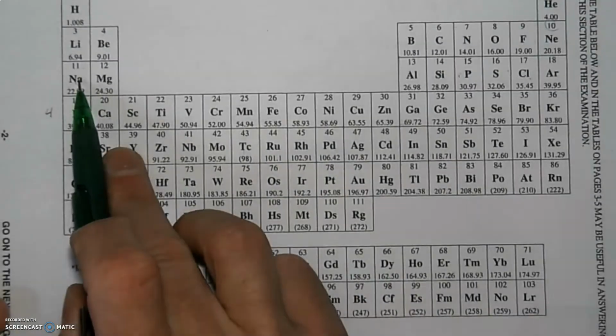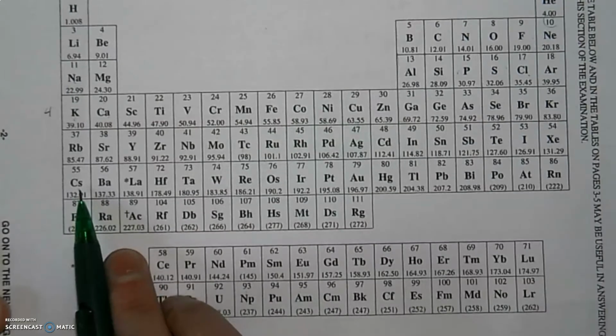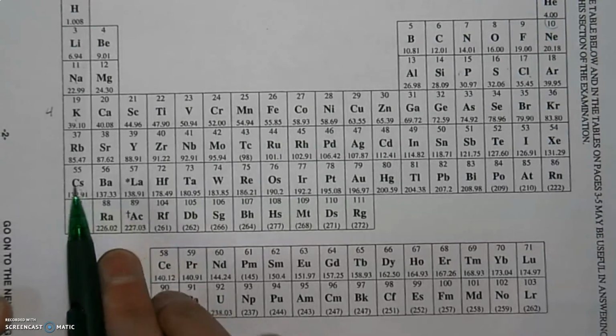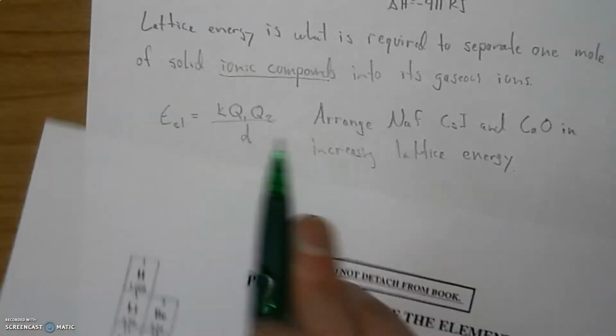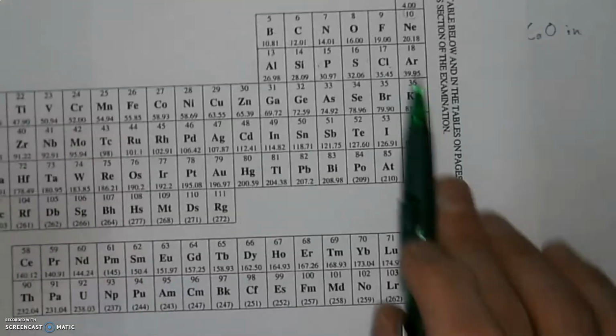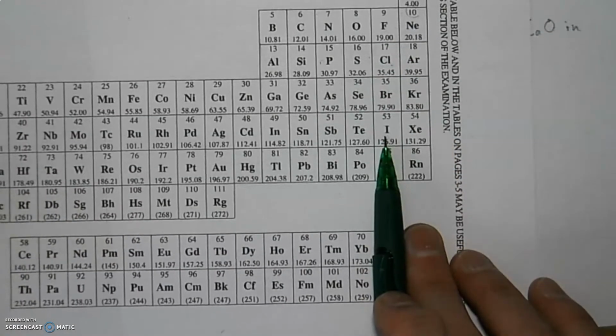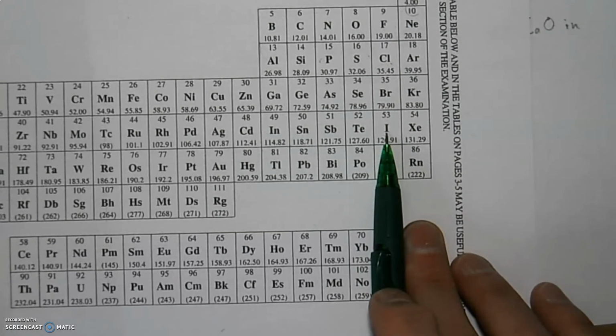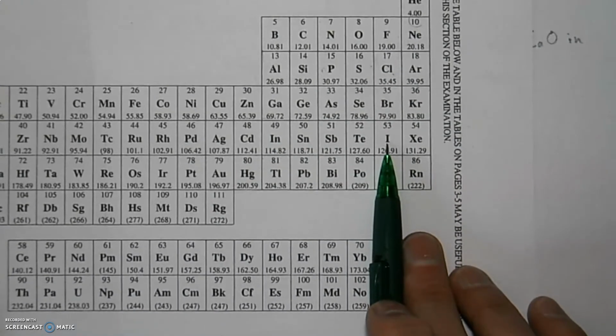Looking at sodium and cesium, cesium's bigger. So as the radius gets bigger, that would tend to make this smaller, in the denominator. And then the other two are fluorine and iodine. Iodine's bigger, so that also should make it smaller.